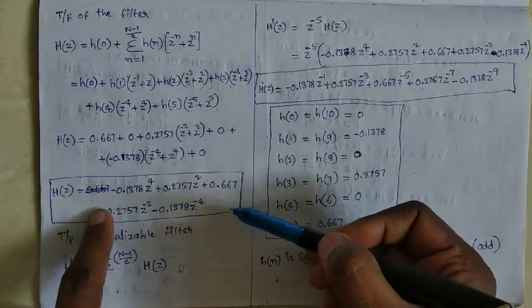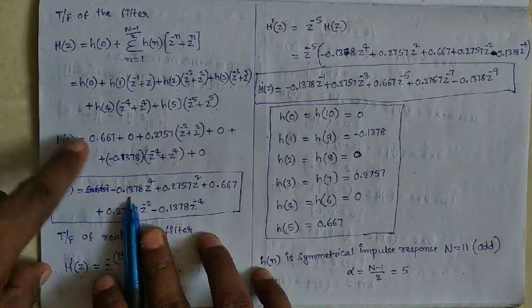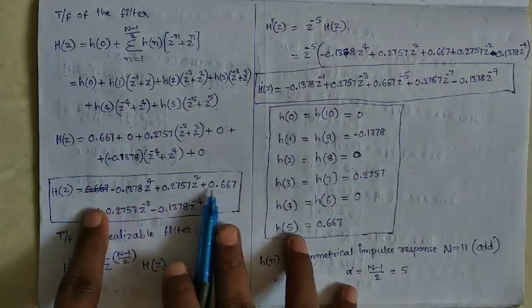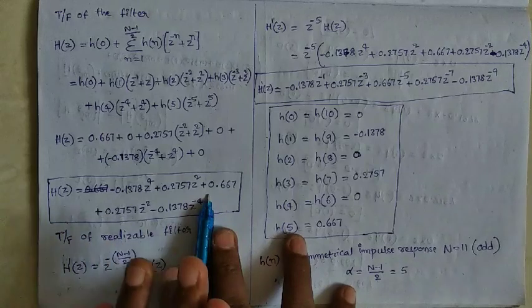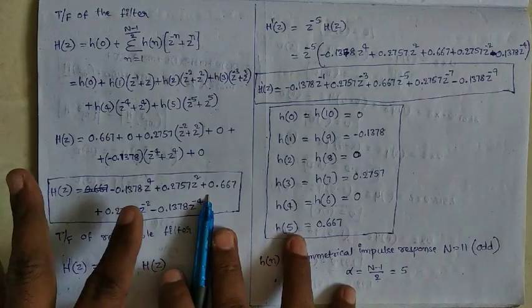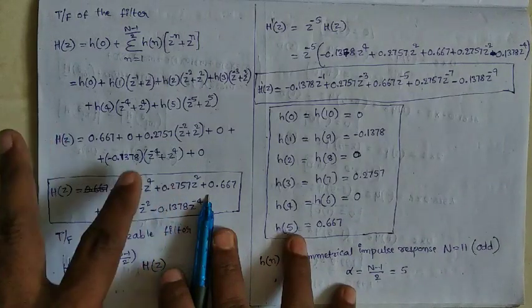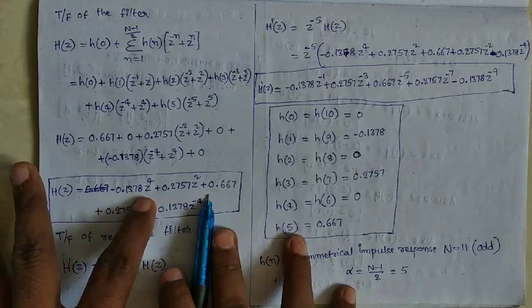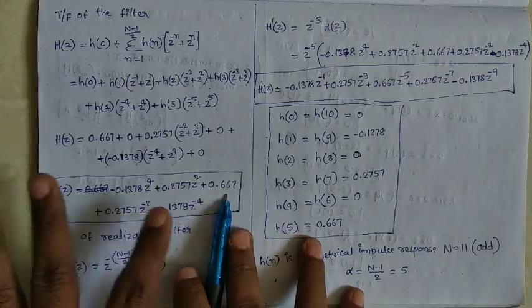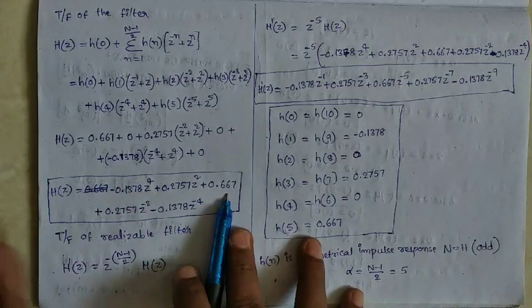H(z) is equal to what? We are simplifying, expressing it in terms of n from minus infinity to plus infinity.